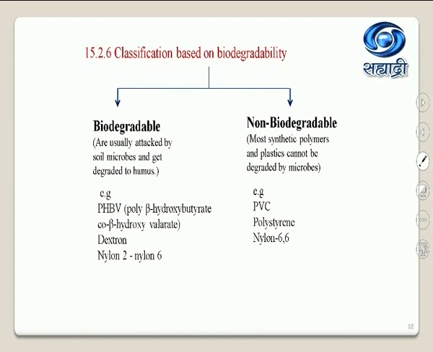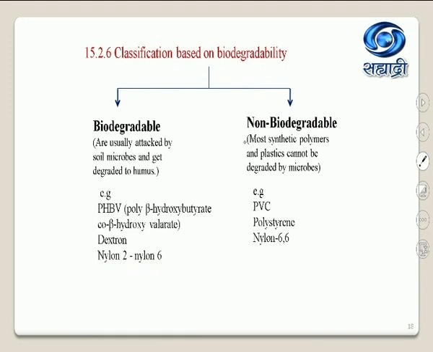It is the short form of poly-beta-hydroxybutyrate-co-beta-hydroxyvalerate, that is PHBV, which is a very important biodegradable polymer. Now next polymer is dextran, an example of biodegradable polymer. Nylon 2, nylon 6 is also a biodegradable polymer.